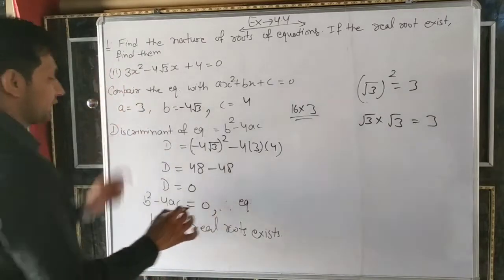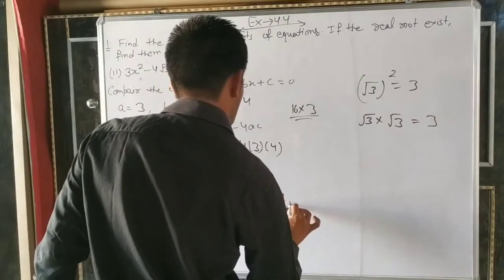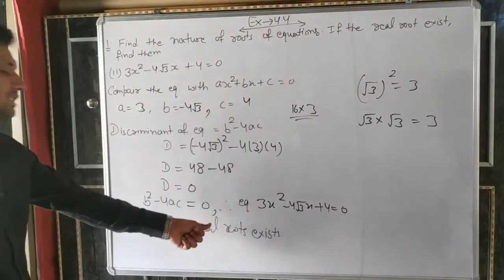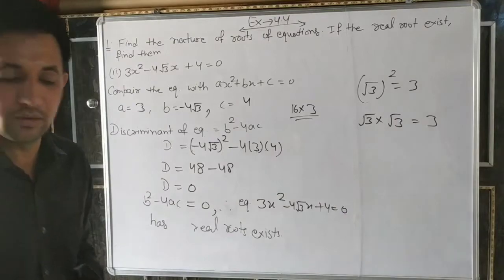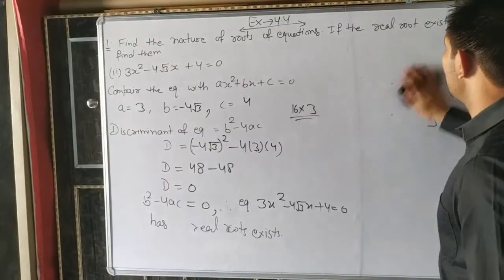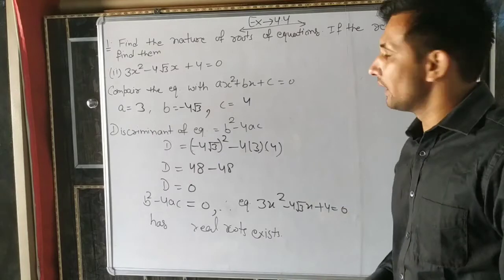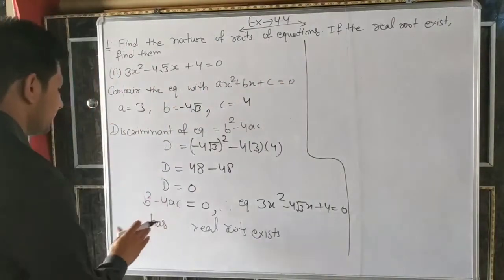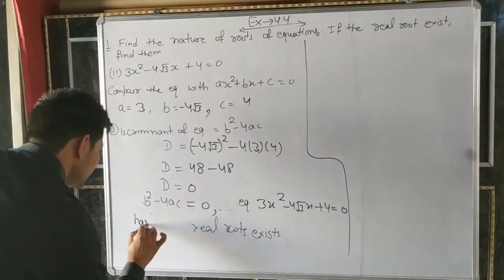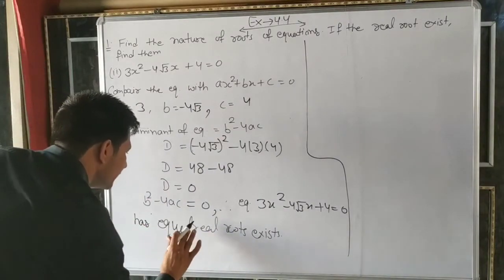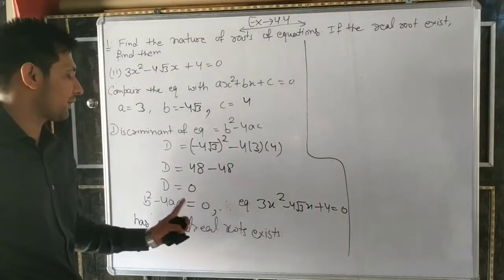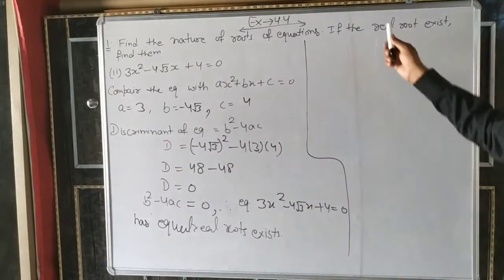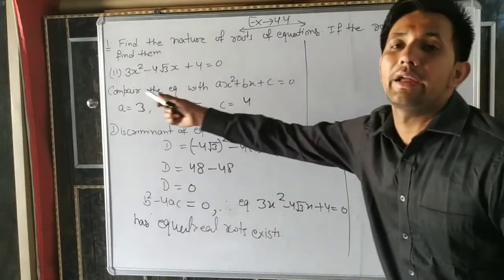Therefore the equation 3x square minus 4 root 3 x plus 4 equal to 0 has real roots. Yes, in what case do real roots exist? Real roots exist, because whenever D is equal to 0, the roots are equal, both roots are equal, and in the question it is given that whenever roots are real, find them.